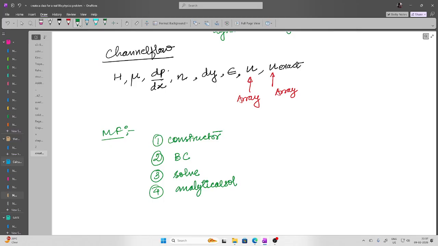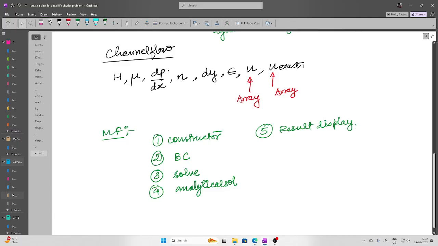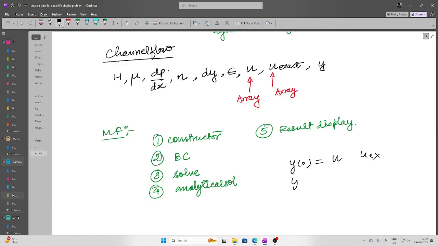And as everything will be done, after it you should have one function for displaying the result. You can also make one array, y, as a data member. Though it will not participate in the input data, it helps you display y0, u exact, u evaluated, then y at the first node, and in this way it is better to understand the problem.